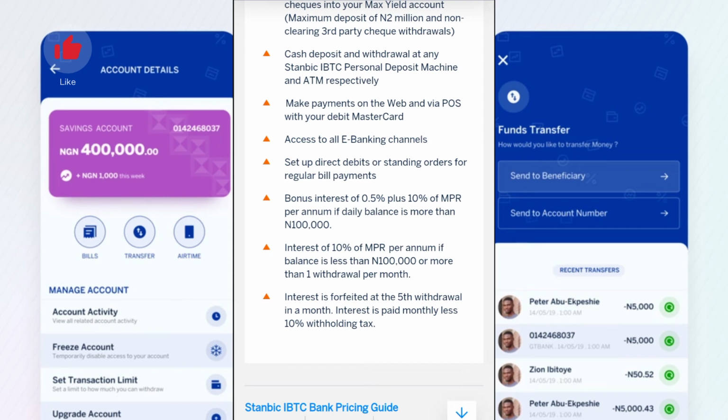They say interest is forfeited at the 5th withdrawal in a month. Interest is paid monthly less 10% withholding tax, meaning that if you make 5 withdrawals in a month, you are going to forfeit your interest for that month. Do you understand? Like I mentioned, it is a high interest savings account. You're not supposed to be withdrawing.